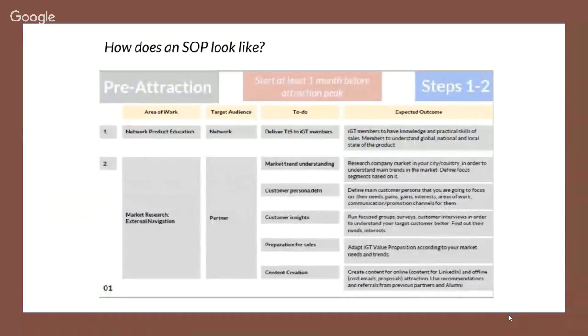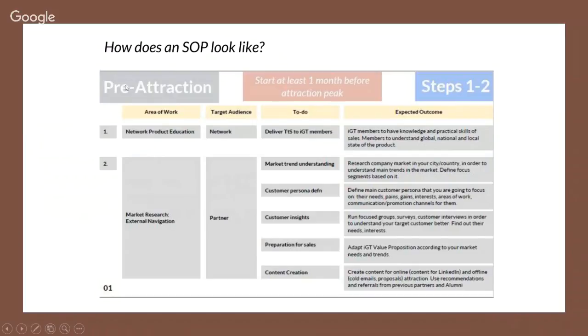So, what does an SOP look like? This is a disclaimer: this is an example, but it's really clear that each part of the customer flow should have a standard operational procedure. In this case we have an example of pre-attraction.